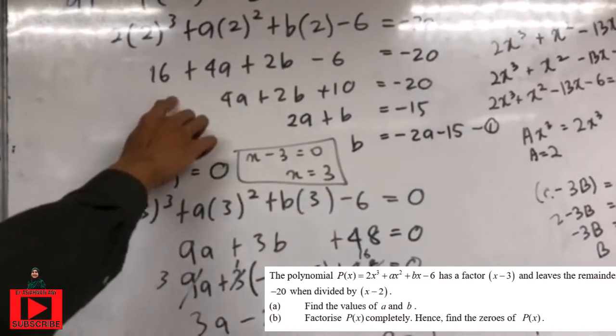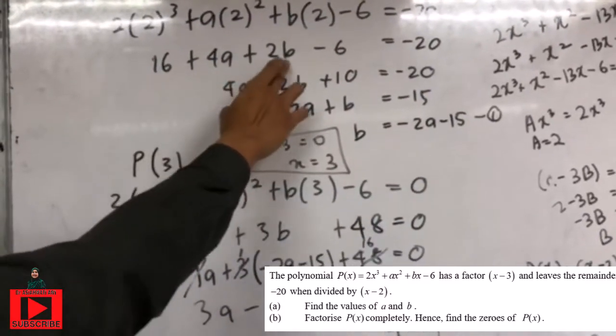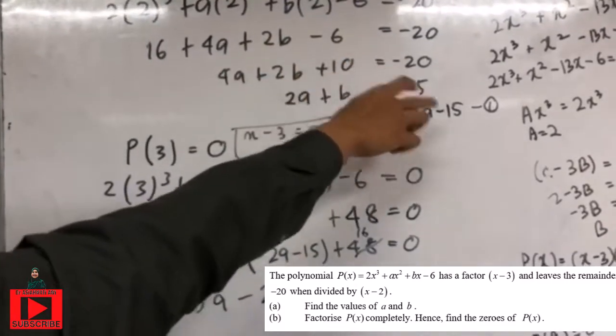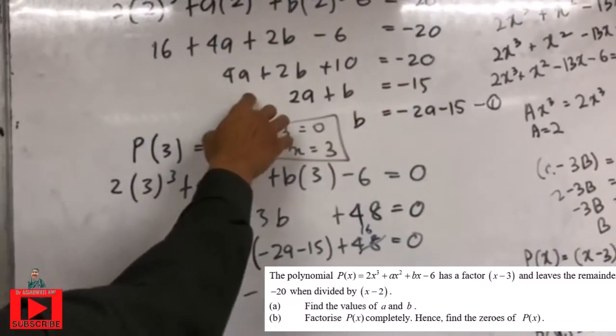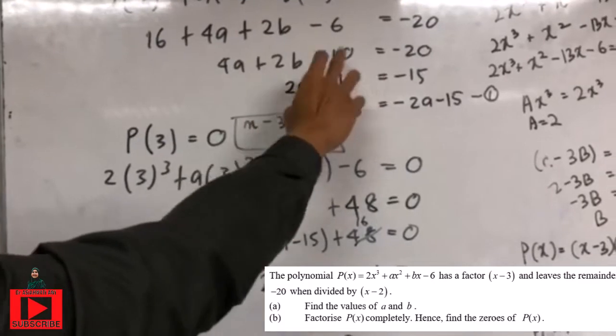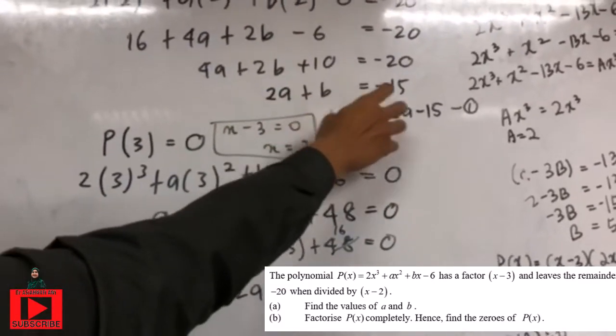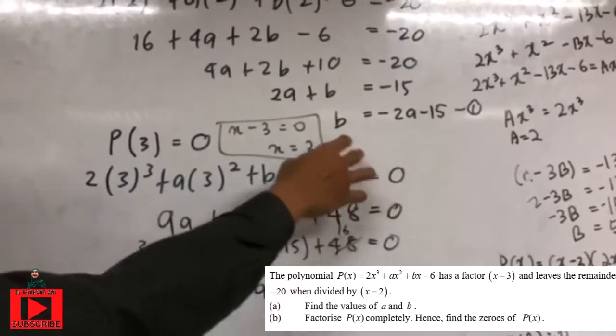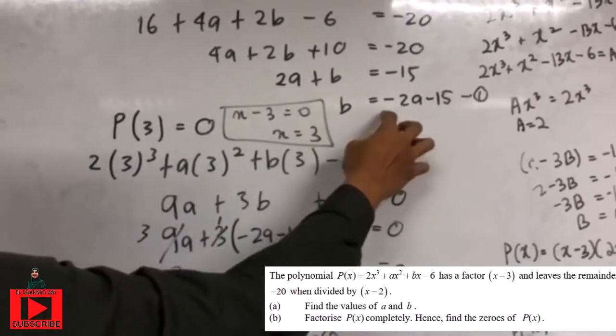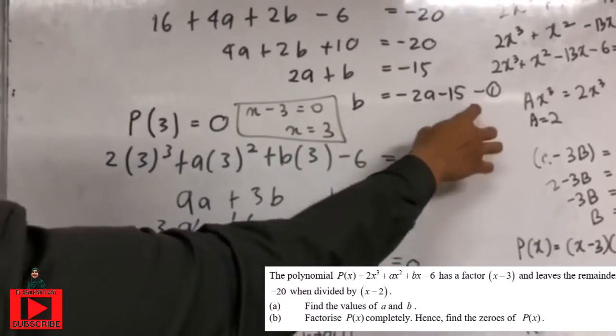So 16 plus 4a plus 2b minus 6 equals to negative 20. 4a plus 2b plus 10 equals to negative 20, and 2a plus b equals to negative 15, and b equals to negative 2a minus 15.